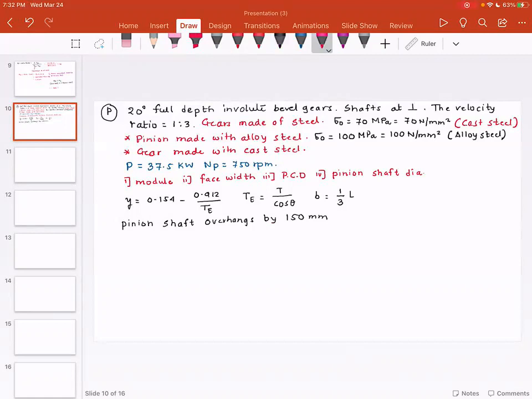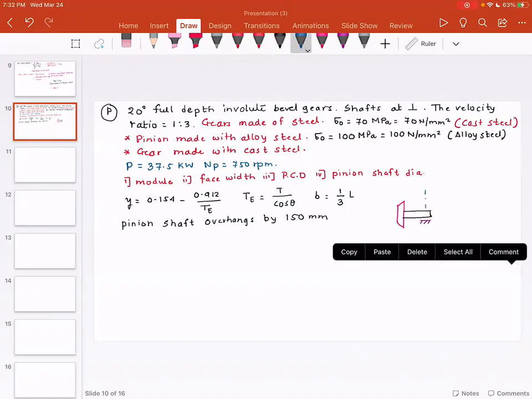So in this problem, if this is the pinion and this is the gear, it is cantilevered, and this overhang is 150 millimeters.